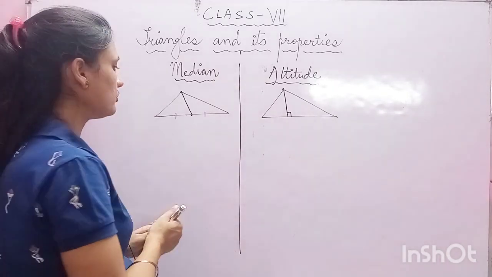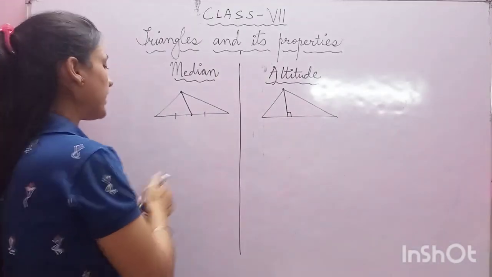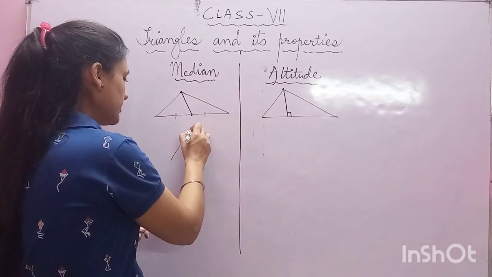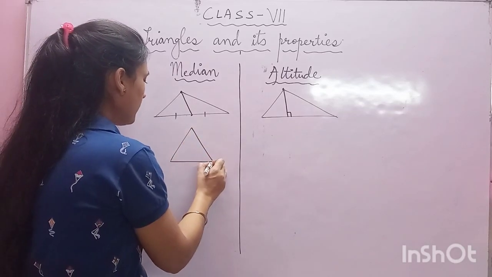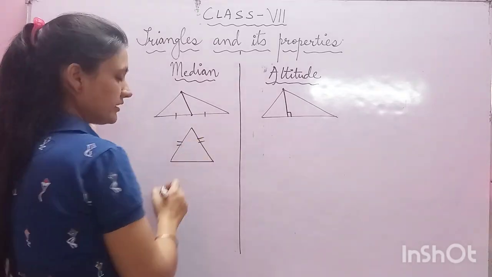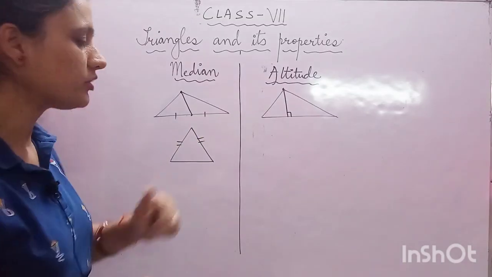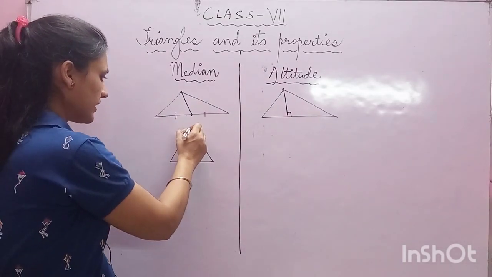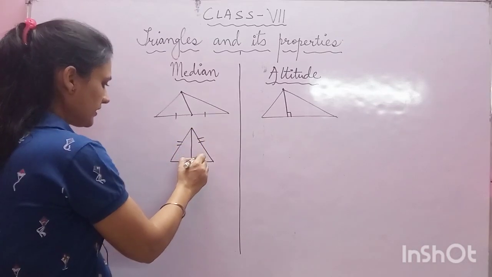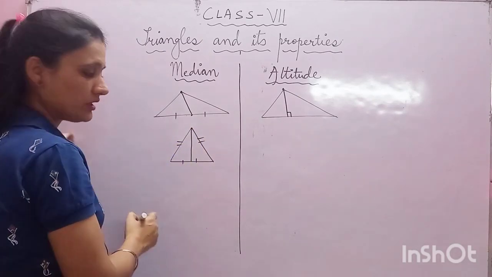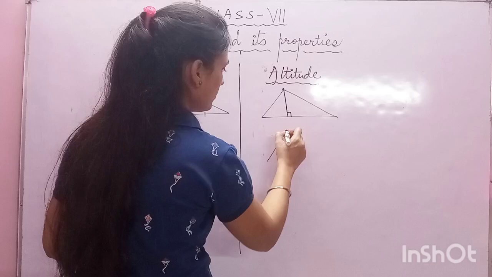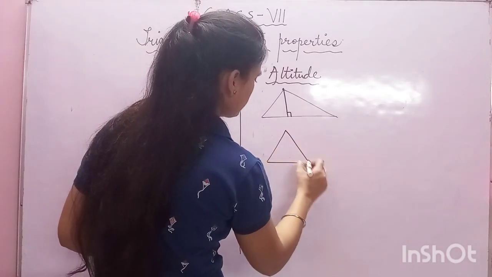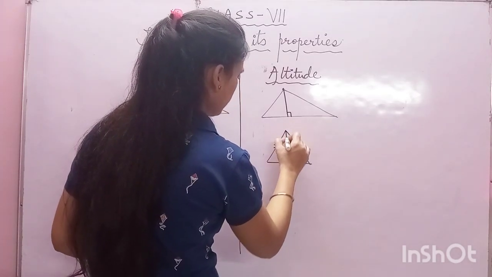Let us understand more. In case of an isosceles triangle, as I have already explained, isosceles triangle in which two sides are equal, if you draw the median in the isosceles triangle, let's draw it. Again it is dividing it into equal halves, and let us draw the altitude also in an isosceles triangle.